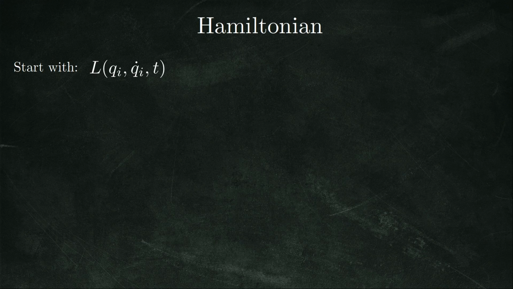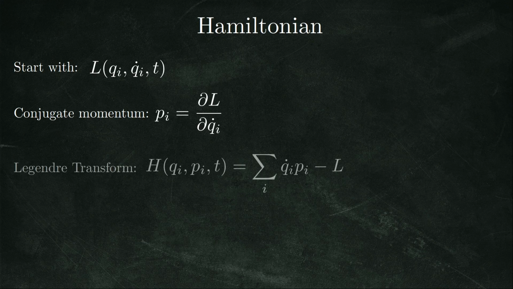So we also need to have the conjugate momentum, which is dL by dq dot. So the conjugate variable is called the conjugate momentum. And then to get the Hamiltonian, we Legendre transform between q dot and p, where the sum over i is just to remind us that it's over all generalized velocities.